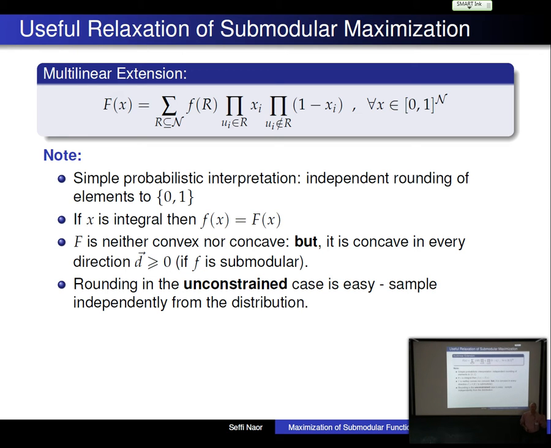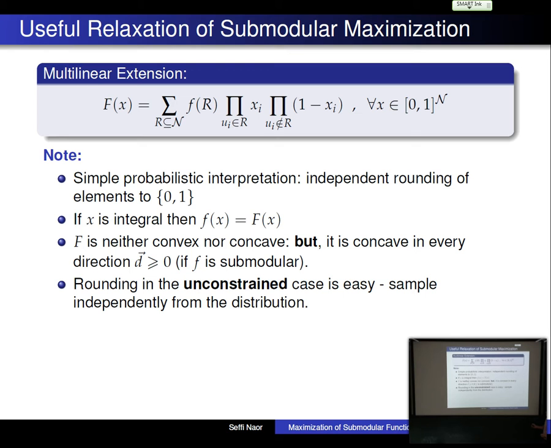So we have our point x1 up to xn. Each element i independently picks itself to be 0 or 1 with probability xi. Now, let's take the expectation of this experiment.